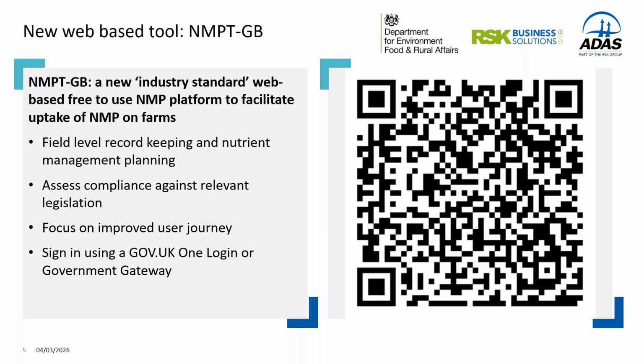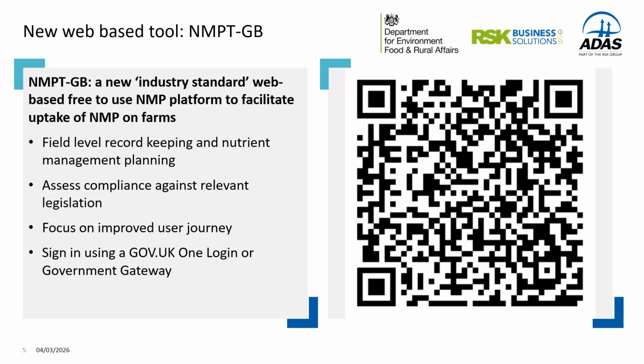So the beta version of the tool was released last month. It provides field-level record keeping and nutrient management planning, and it helps assess compliance against the relevant legislation. So NVZs and farming rules for water in England, and the control of agricultural pollution regulations in Wales.